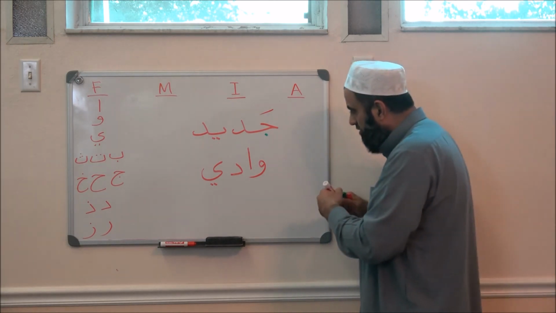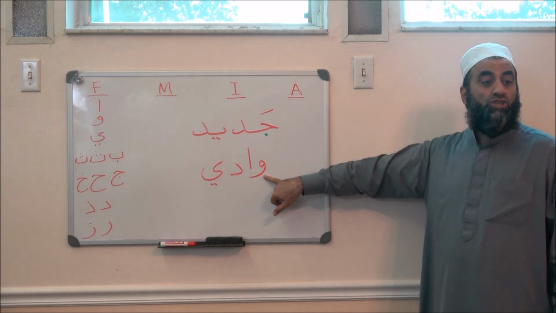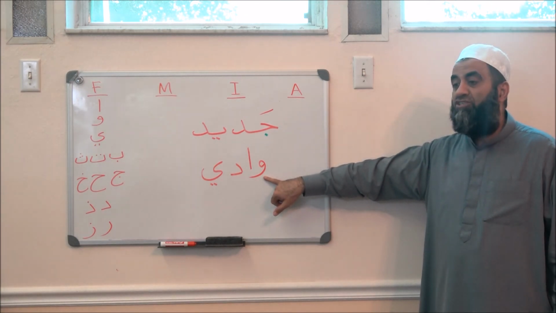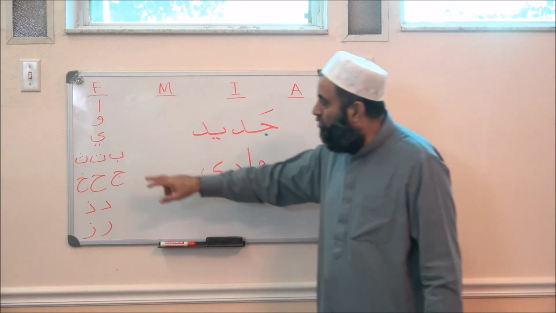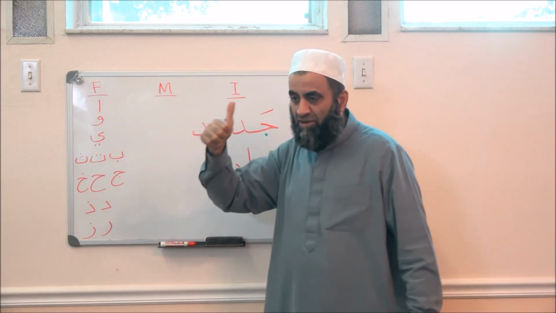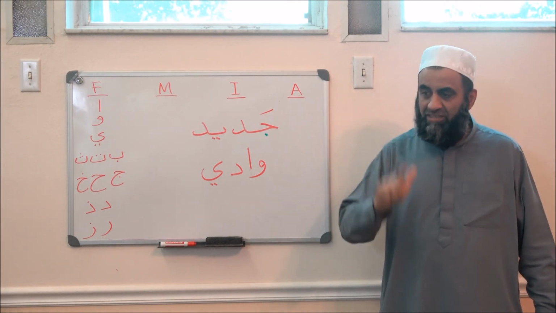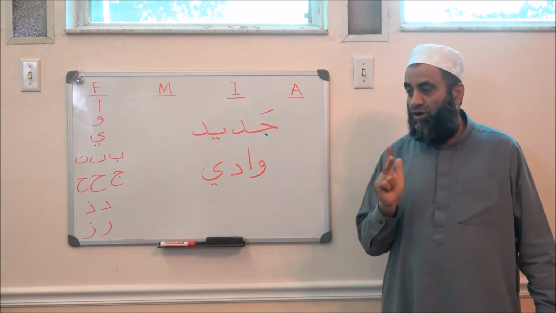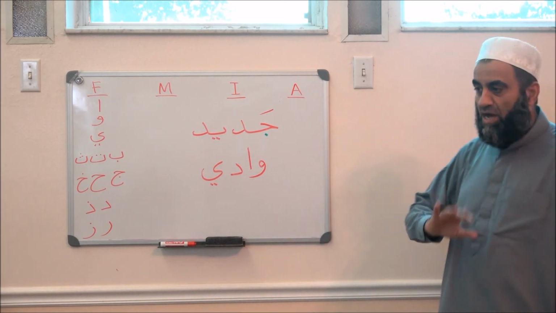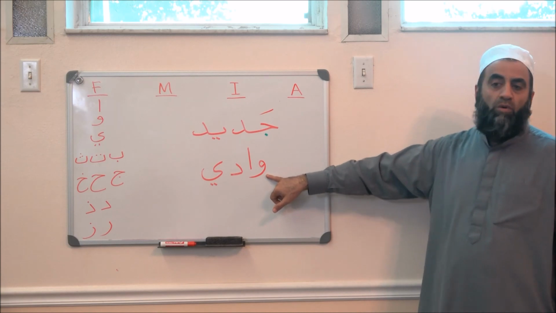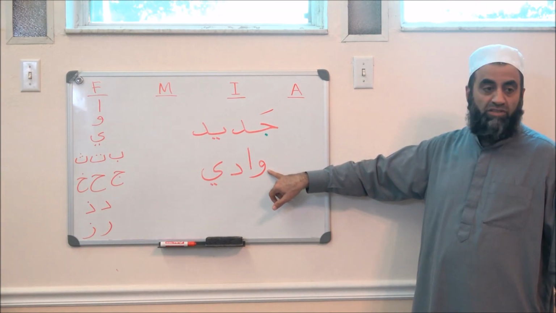Notice that this is the letter wow, but because I started with it, it cannot function as a long vowel. Remember I told you three things about these two? They function as a long vowel, they function as a consonant, and they function as a diphthong. I will, inshallah, review this again and again. But for now, remember, when a long vowel is found as the first letter, it cannot function as a long vowel.